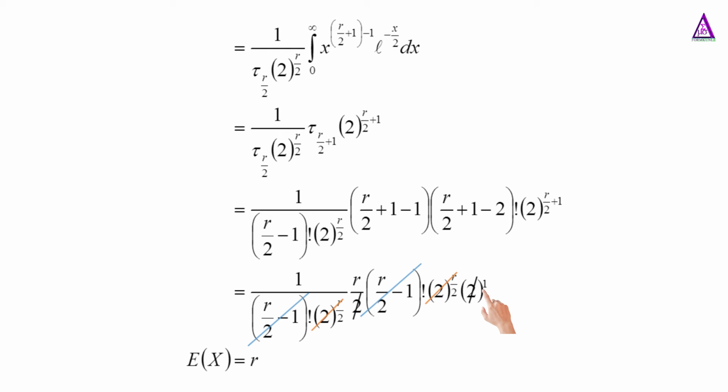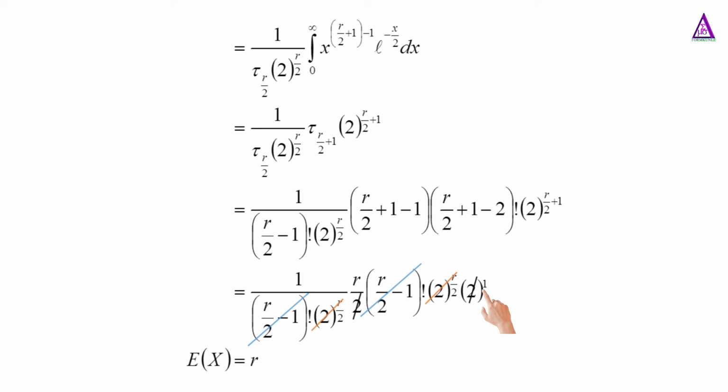We have r divided by 2 into the bracket r divided by 2 negative 1 factorial into the bracket 2 raised to power r divided by 2, and 2 raised to power 1. Just expand 2 raised to r divided by 2 plus 1 and it gave us this one.